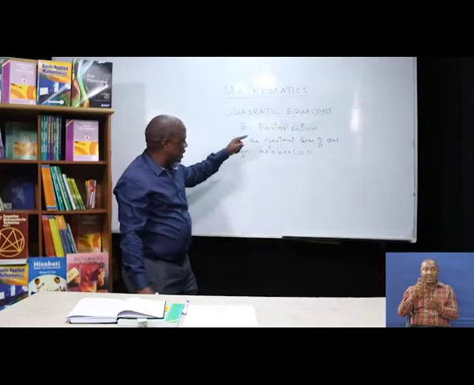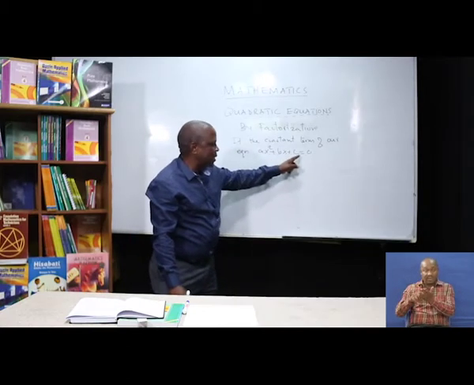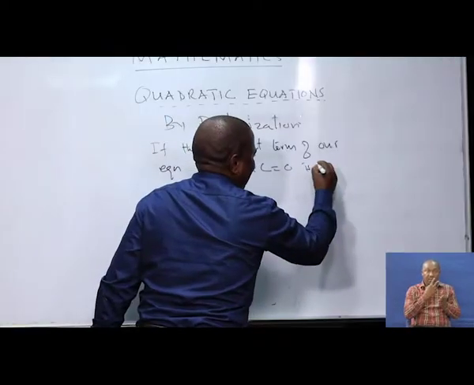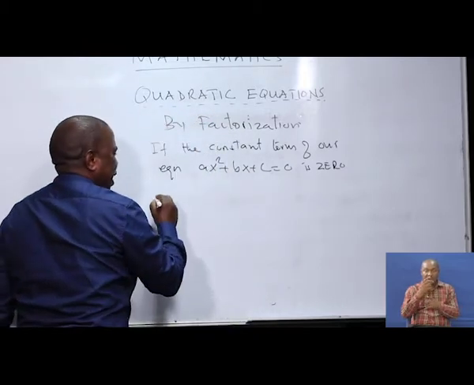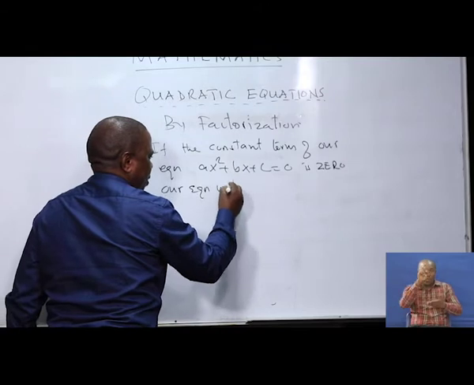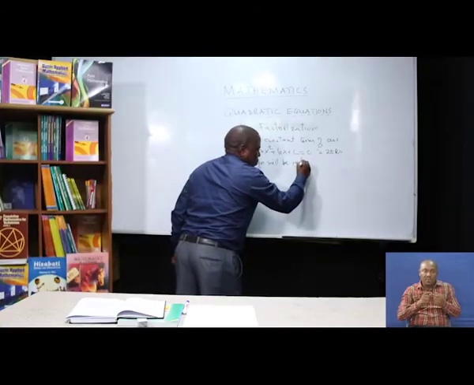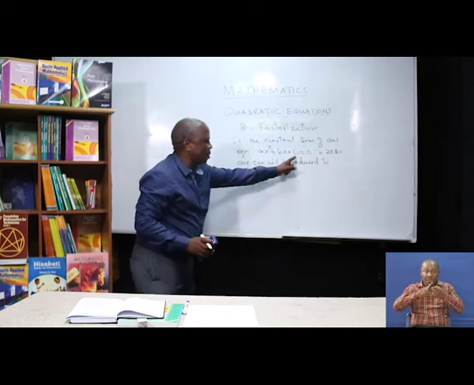Now, if the constant term of our equation ax squared plus bx plus c is equal to 0 is 0, that means our equation will be reduced to, we don't have this now because it is 0.